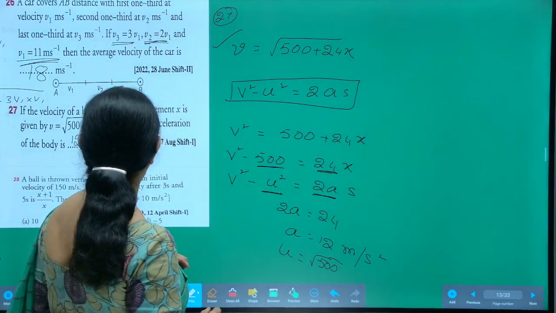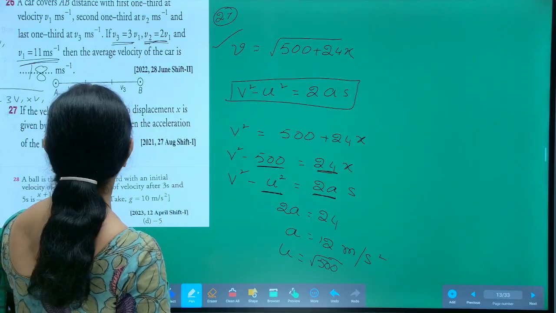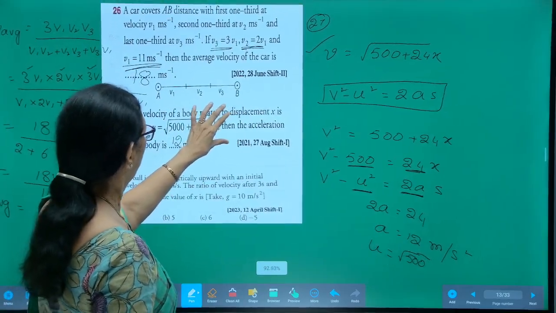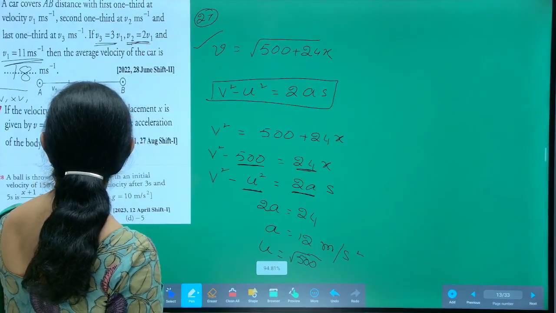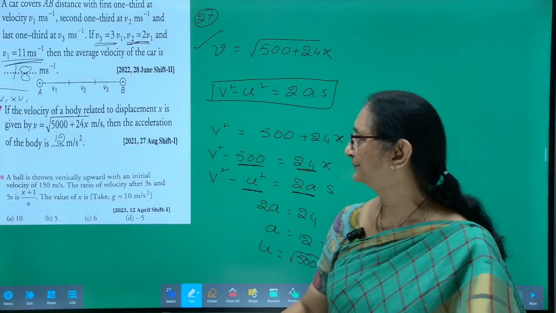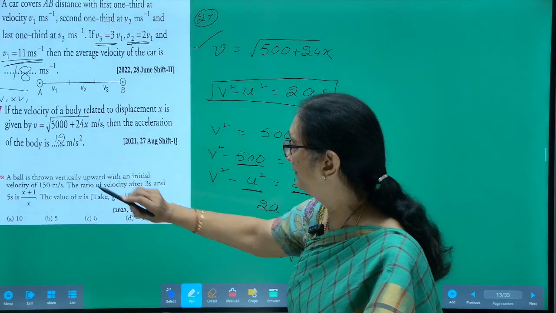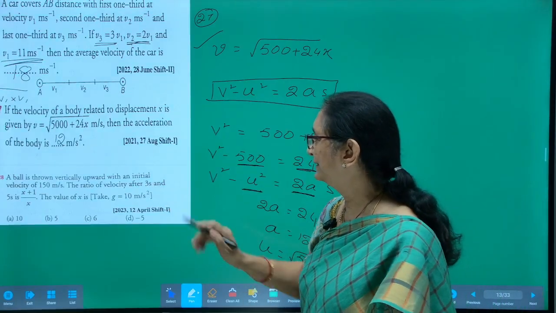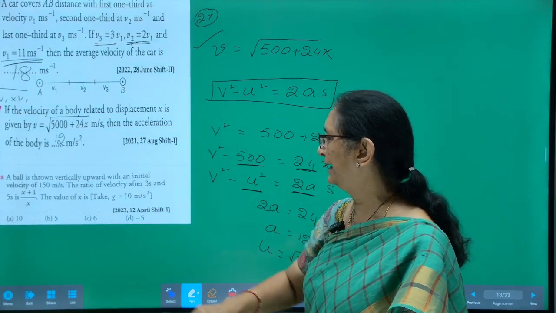Okay. Now, let us go to the next problem, 28th problem. Look here. A ball is thrown vertically up with an initial velocity 150 meter per second. Ratio of its velocity after 3 seconds, after 5 seconds is x plus 1 by x.